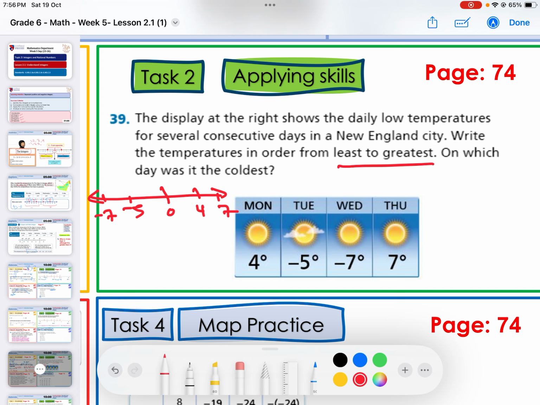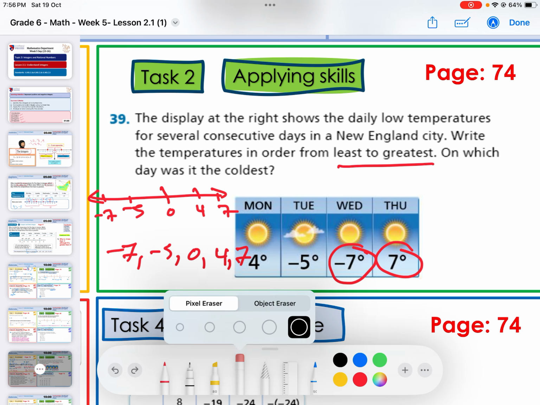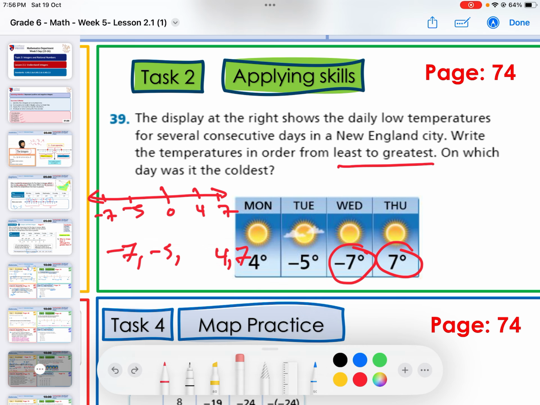So the least one will be the coldest day. It's going to be Wednesday, and the warmest day will be Thursday. And if you want to order them, -7, -5, 0, 4, and 7. This is from least to greatest. Oh, we don't have a 0, so I'm just going to cut it. Okay, and that's it.